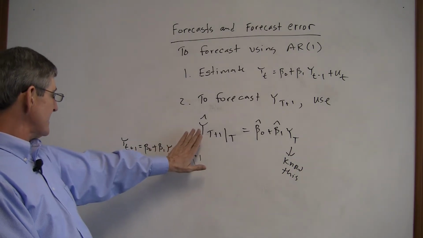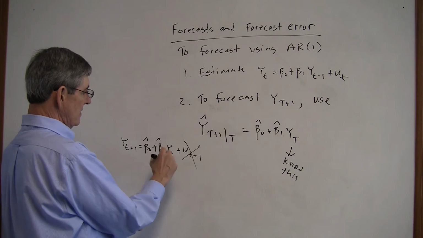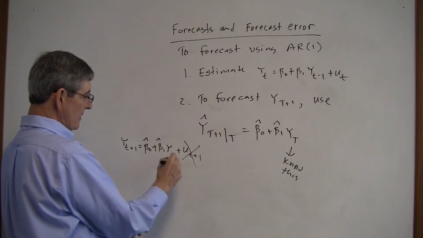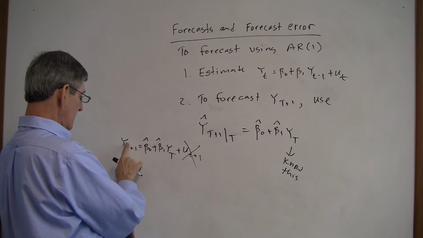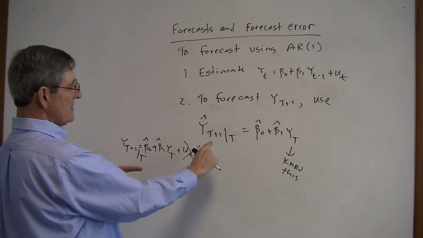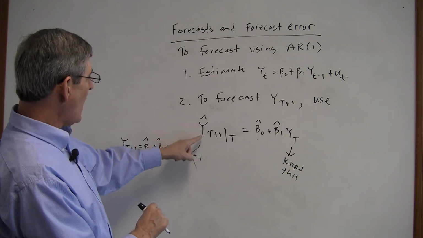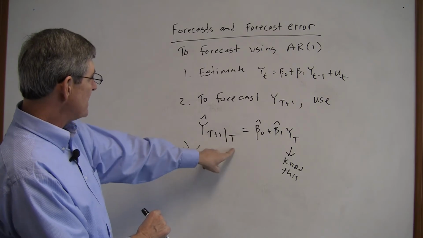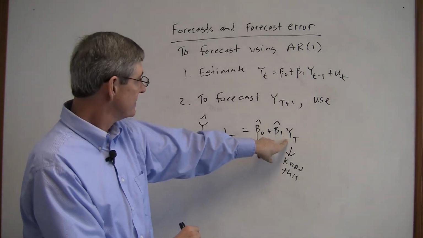So we just set it as expected value, plug in the estimated values. We know what this is. We do it for the tth period. And this t plus 1 given t says this is our estimator of y hat t plus 1 based upon data through time t.